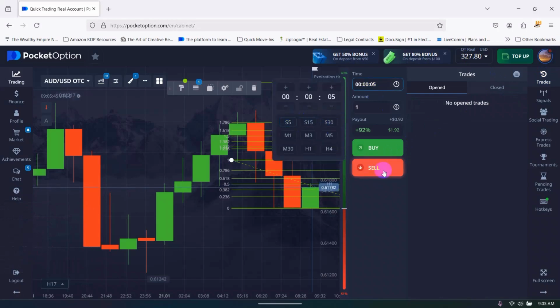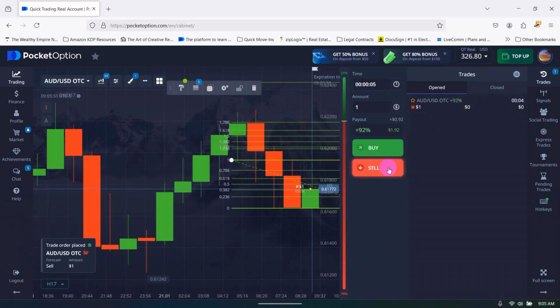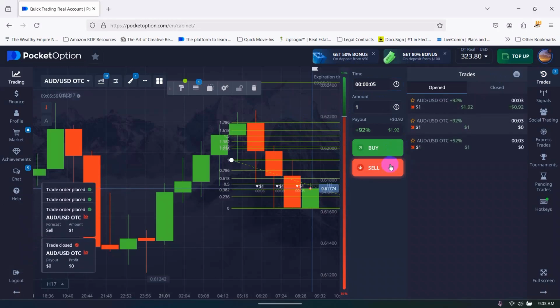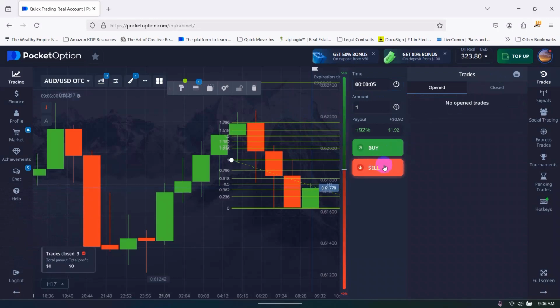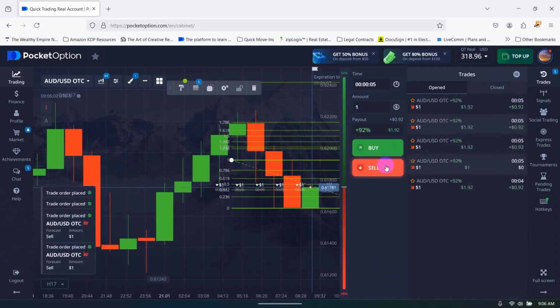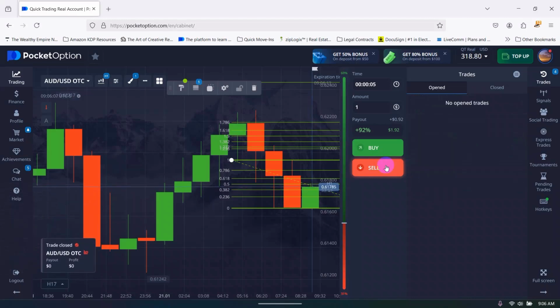Okay. Let's see the push back up. Push. Push. Drop it low.